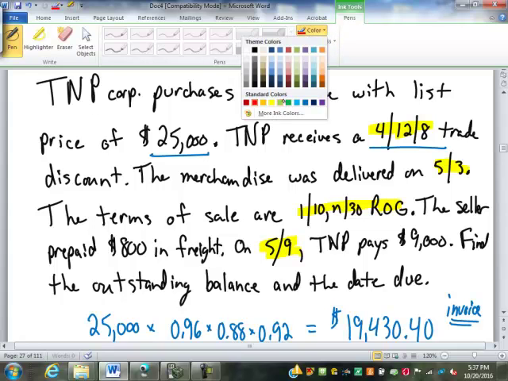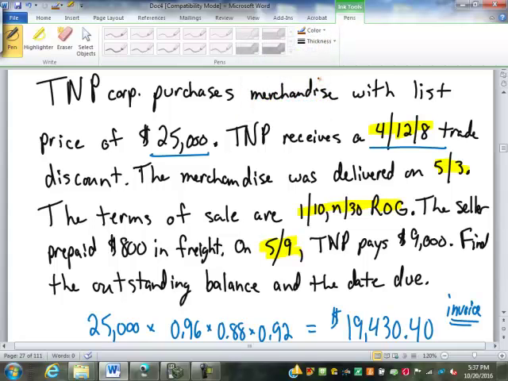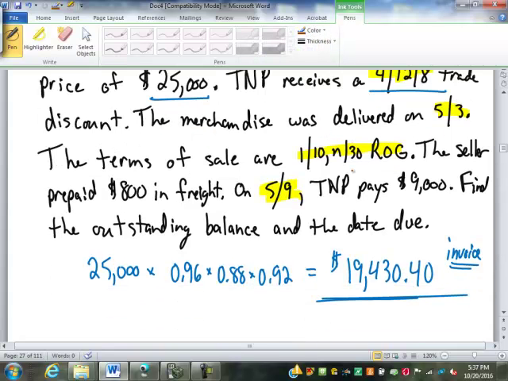So now that we know how much appears on the invoice, we can do the timeline. Where does our timeline start? Well, we're not even told when the invoice originated, are we? So how do we know when the timeline starts? ROG, which means receipt of goods. So we don't care when the invoice was originated. All we care about is when it was delivered, and that was 5/3.